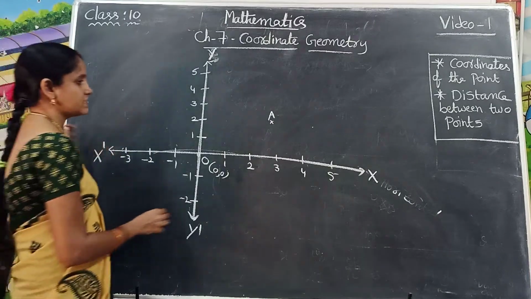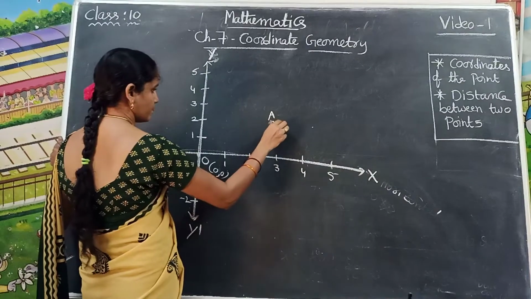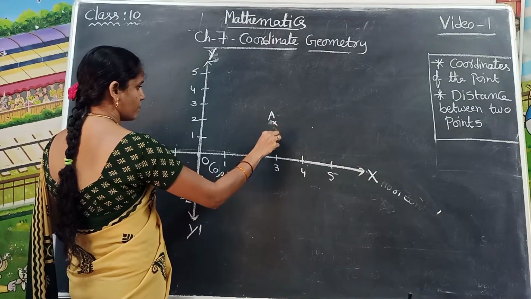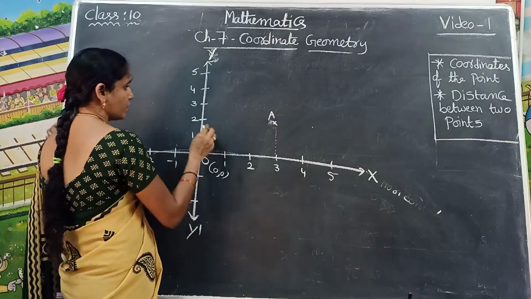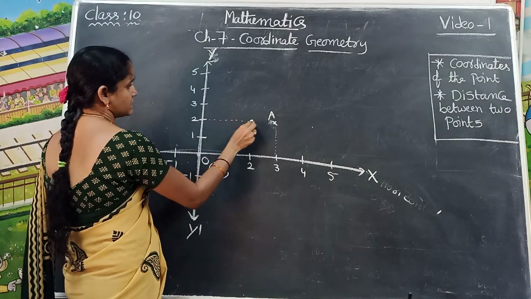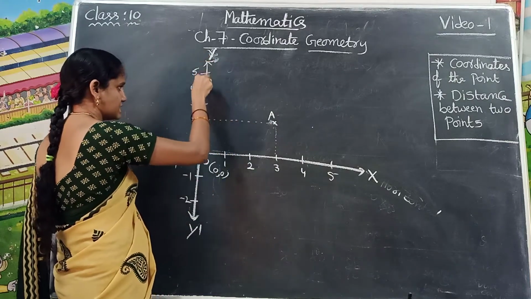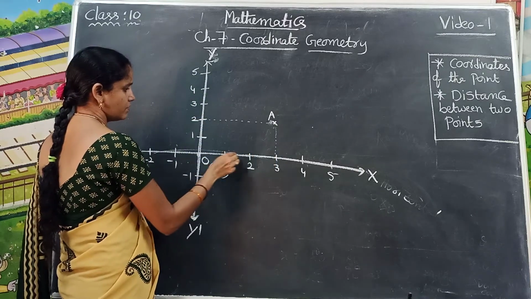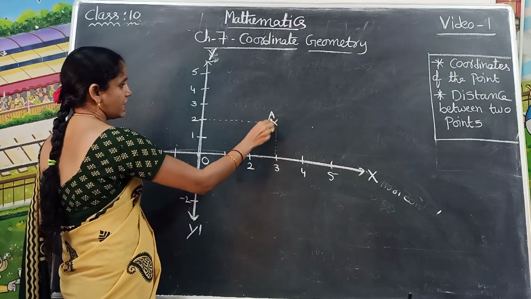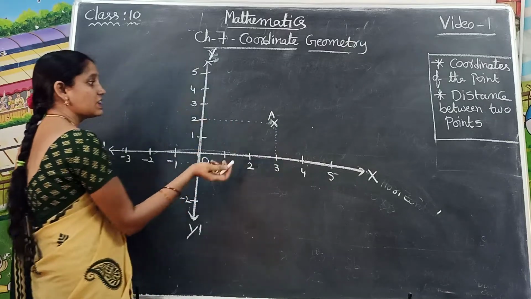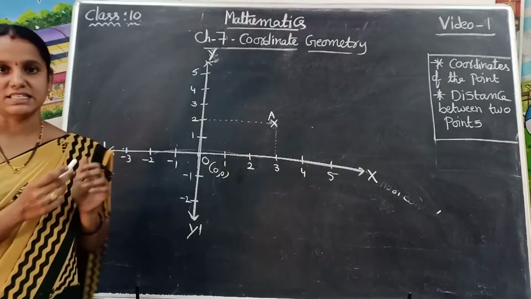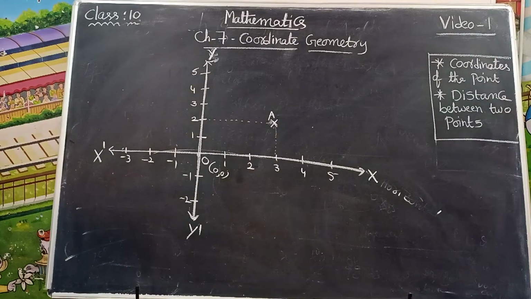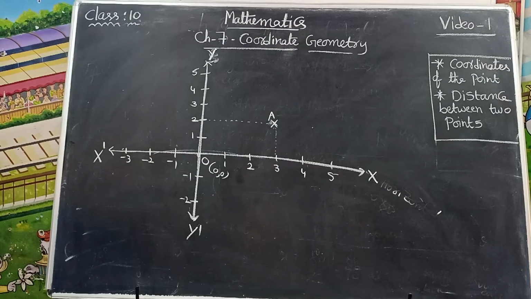See here, first of all, it is point A. You see A is at a distance of how much distance from the y-axis. So how many units distance? 1, 2, 3. So A is at a distance of 3 units from the y-axis. Is it correct?